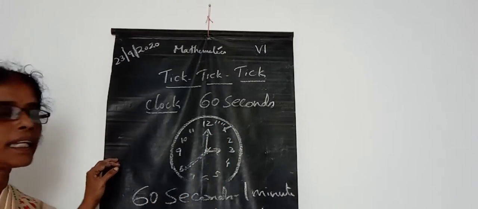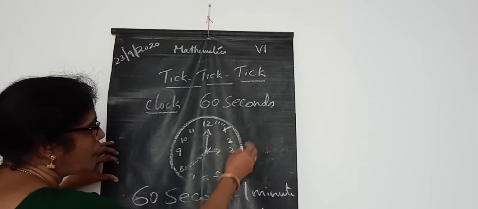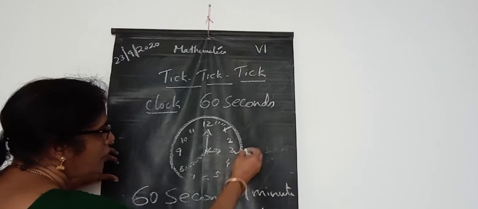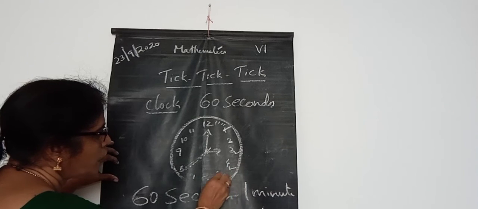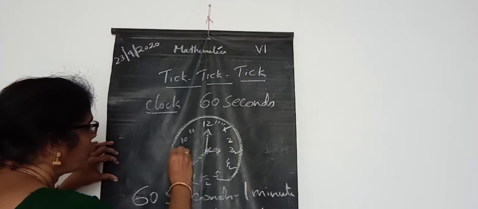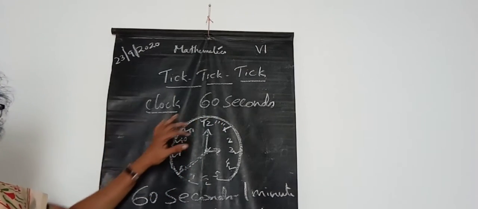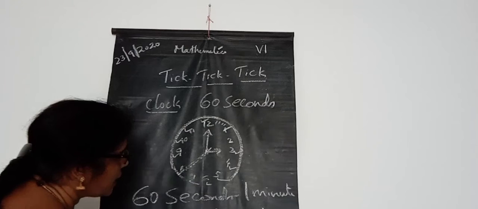That is seconds, okay? Then 5 minutes, 10 minutes, 15 minutes, 20 minutes, 25, 30, 35, 40, 45, 50, 55, then 60 minutes. Then 60 minutes means 1 hour.